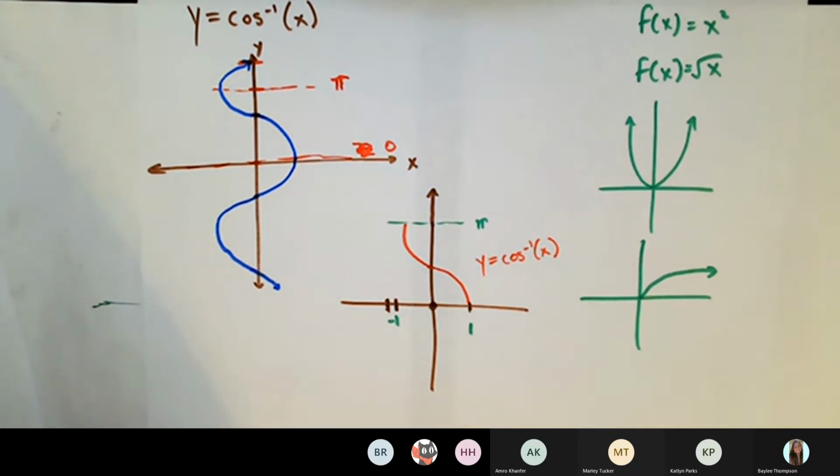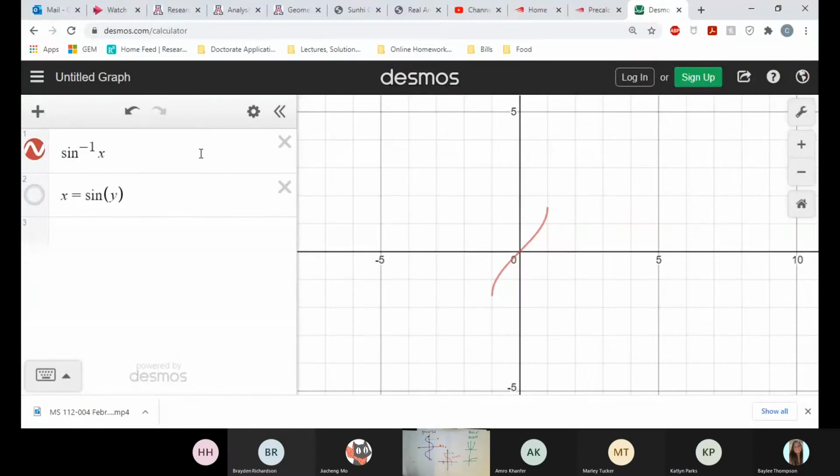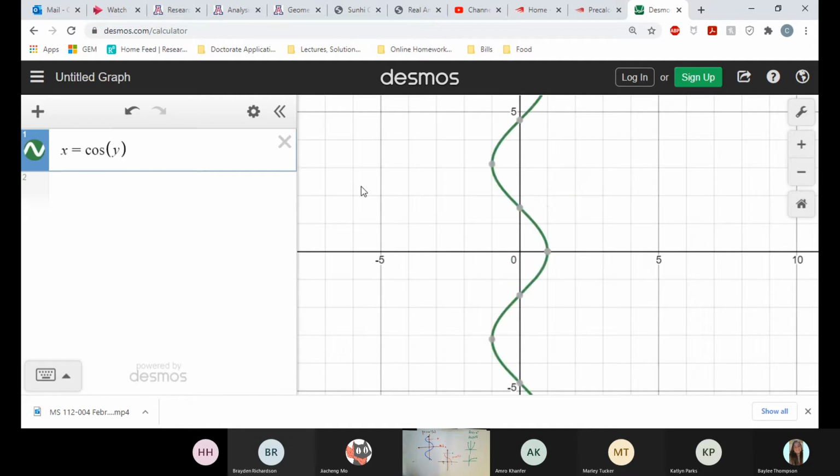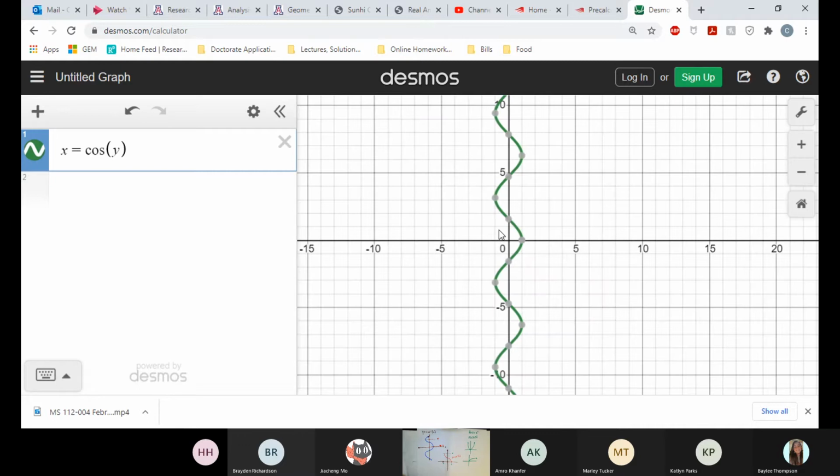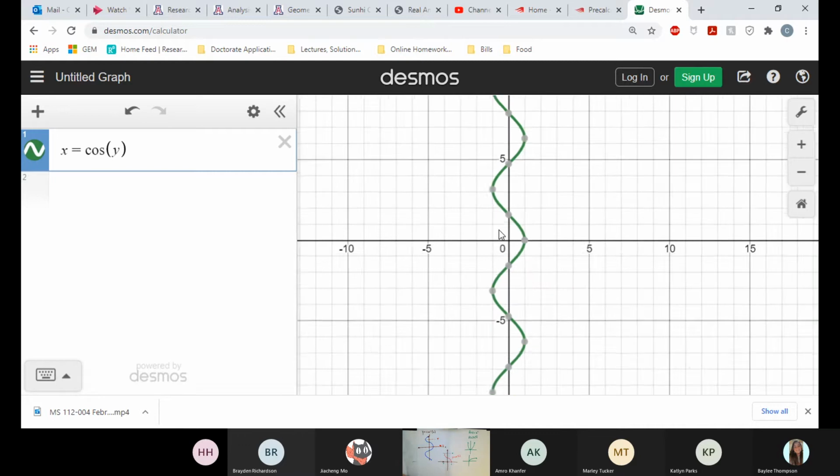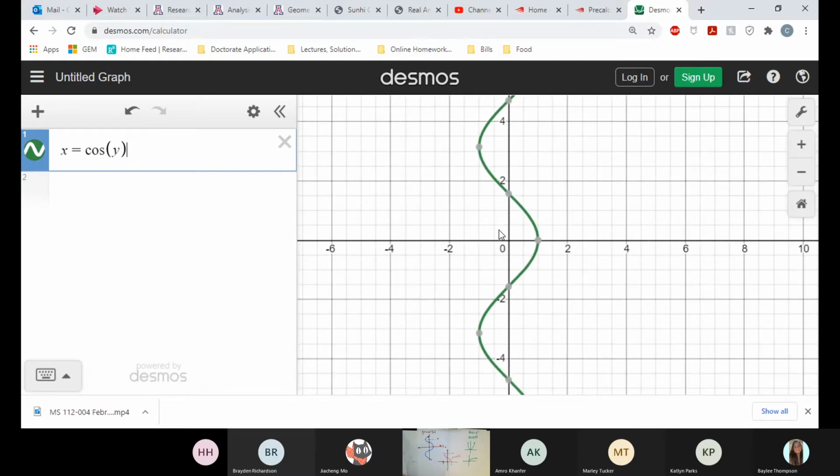Let me show you. Let me give you a better picture. All right, so there's my little inverse graph. So here is x equals cosine y. There's the entire cosine wave going up and down. Not a function, right? If I want to write it as a function, which Desmos understands when I do it like this, I'm just going to take it on this little interval here.